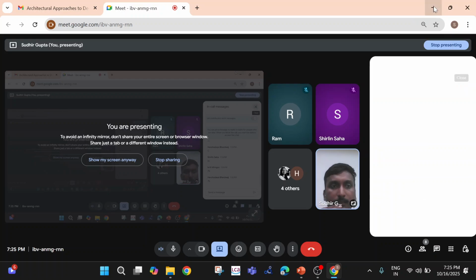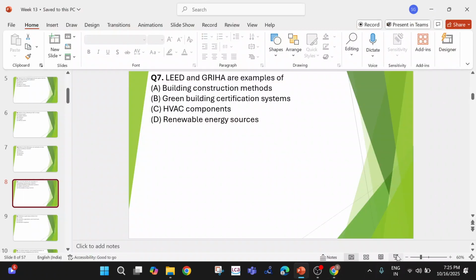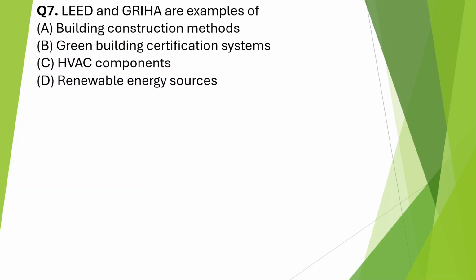So let me tell you guys that both of them are absolutely correct. These are basically green building certification systems, and GRIHA is the green building certification utilized in India.